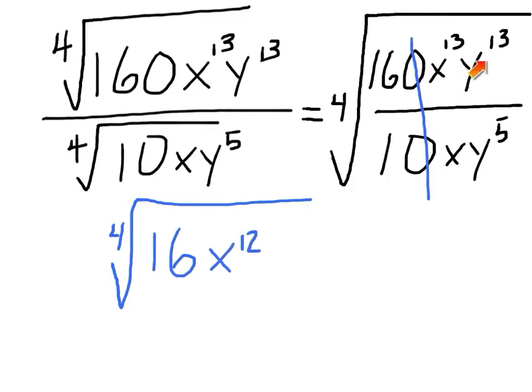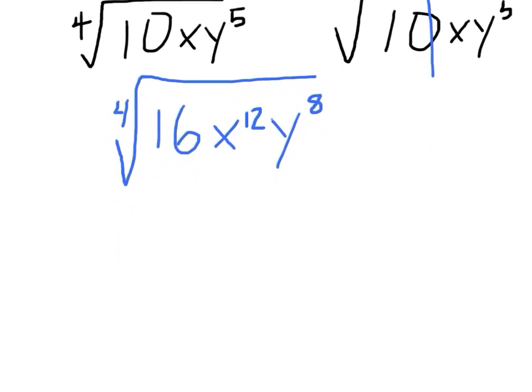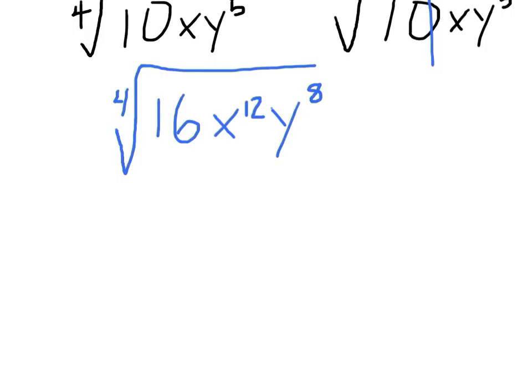Okay, and then y to the 13 minus y to the 5th. 13 minus 5 is 8. So that's y to the 8th. Okay. So the fourth root of 16 is what? 2, right? 2 times 2 times 2 times 2 is 16.